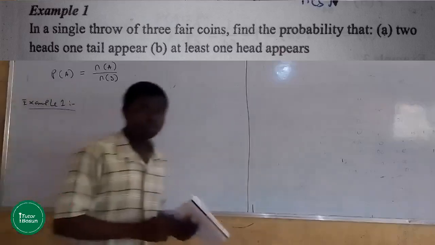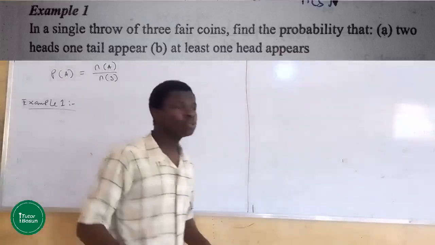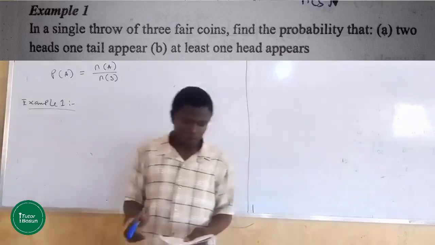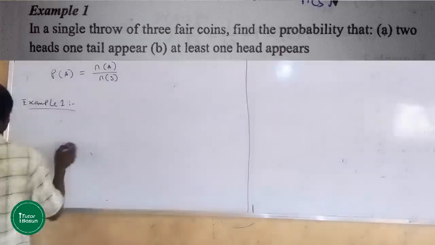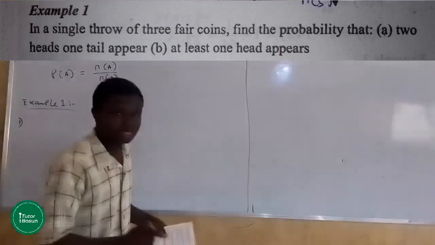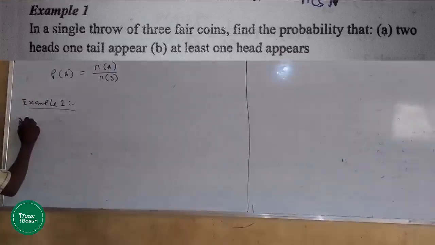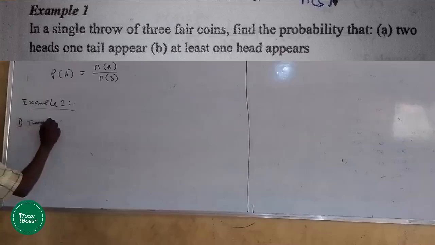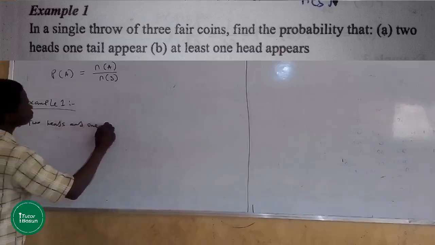The first example we're going to be treating in this lesson says: in a single throw of 3 fair coins, find the probability that 2 heads and 1 tail appear.